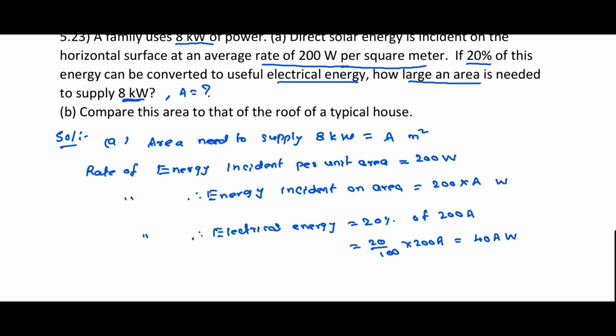So we can write 40 A watt is equal to 8 kilowatt, that is 8000 watt. From this we can write A value is equal to 8000 divided by 40, that is 200 meters square. That means practically, to produce 8 kilowatt of electrical energy, 200 meters square area is needed according to the given data.